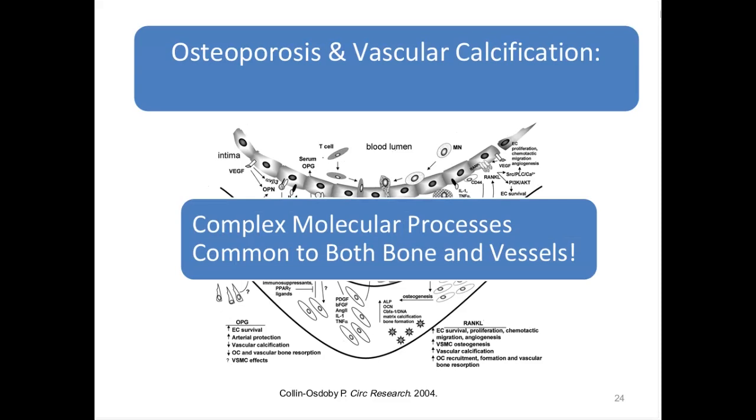And so the reason people with osteoporosis are at greater risk of vascular calcification is because the abnormalities of these complex molecular processes are happening both in the vessels and the bone. It's not simply an imbalance of calcium.